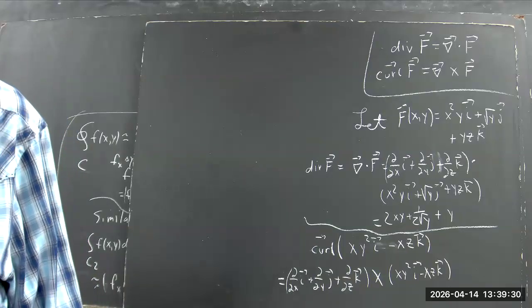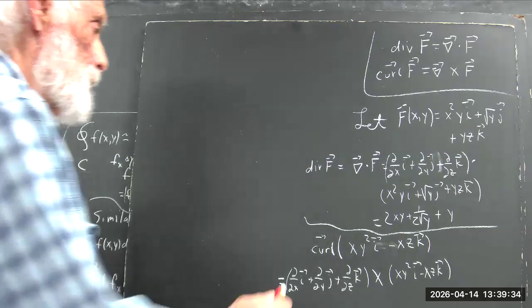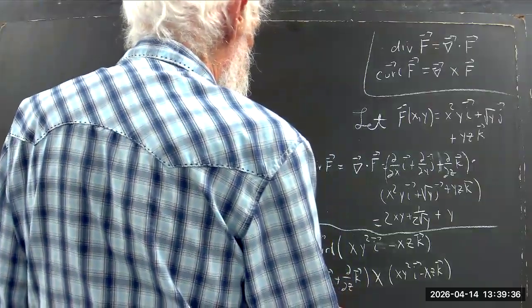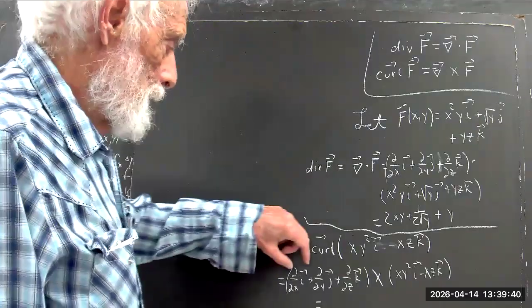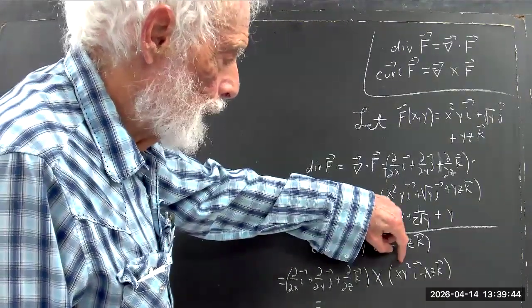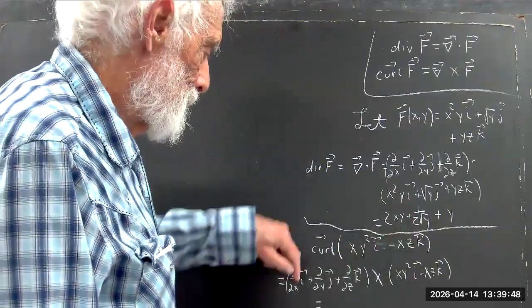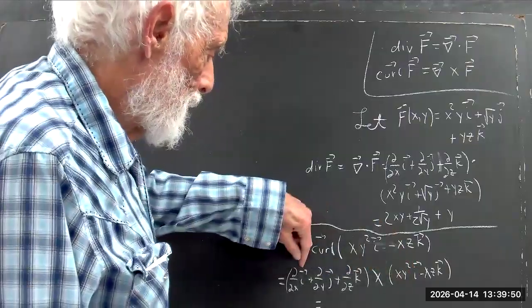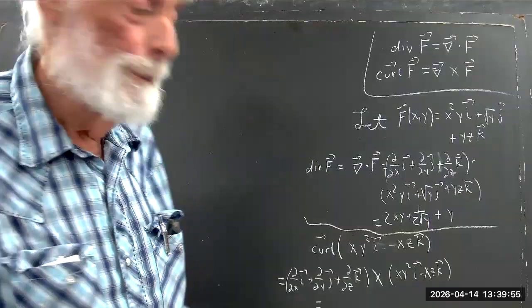Everybody's using the determinant to do the curl. Did that in your homework, that's fine. In this case, it's actually a little more efficient to just use the distributive law. Partial with respect to x i crossed with xy squared i is zero because i cross i is zero. There's no j. i cross k is negative j.